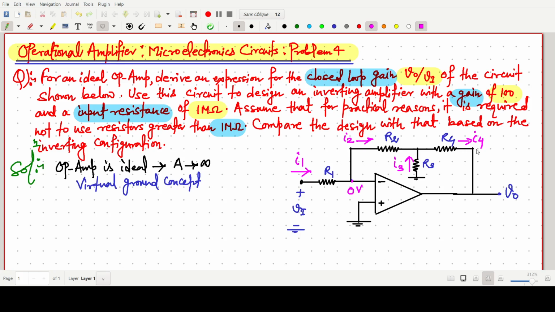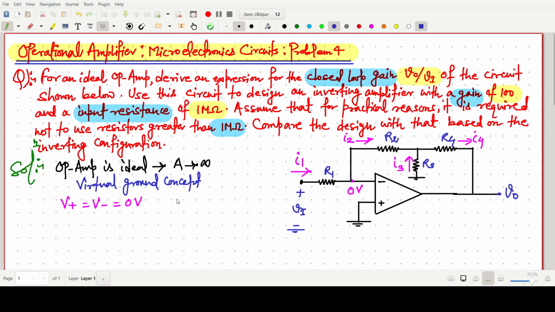I have assumed some currents. Due to the virtual ground concept, V plus equals V minus, that is our 0 volt, because for the ideal one, A tends to infinity.